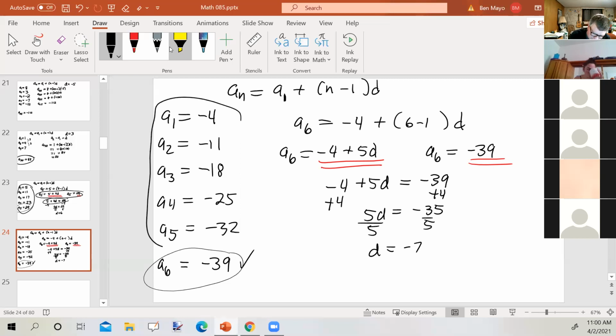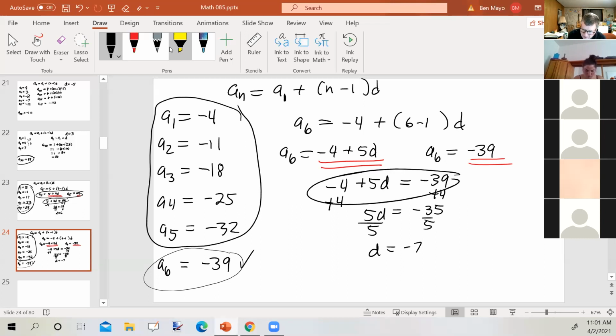It checks. So we've found the first 5 terms. Again, how do we do that? We create an equation by saying the 6th term equals that, and the 6th term also equals that. Set them equal to each other and solve for d.